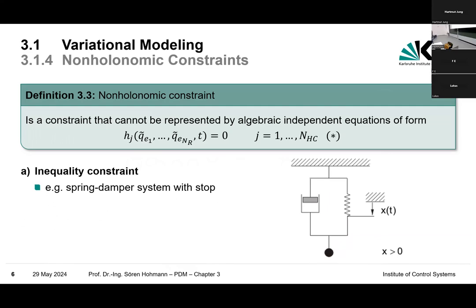So there's some sort of constraint in terms of x direction. Here, for example, in this example, this plate smashes into this fixture, which means that x has to be always greater than 0. It's obviously not a representation as an equation. It's one way of it.